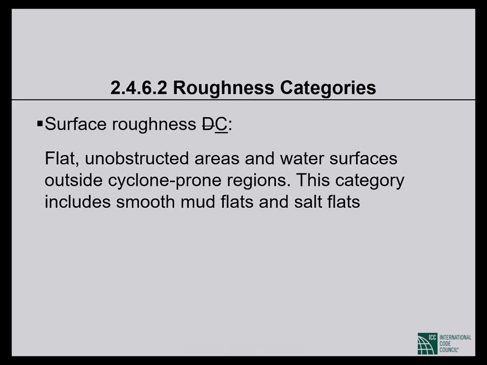Roughness C, flat, unobstructed areas, water surfaces outside cyclone-prone regions. So if you have a major lake or big river, wind comes over the river, it will be surface roughness C. This category includes smooth mud flats and salt flats.